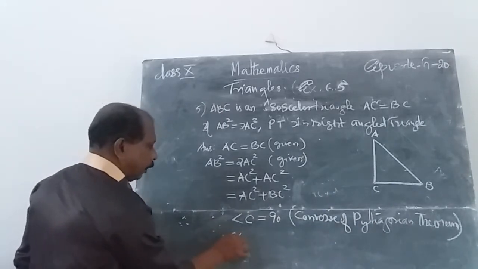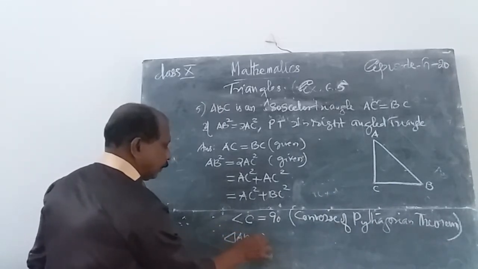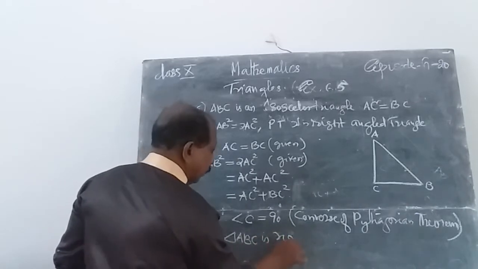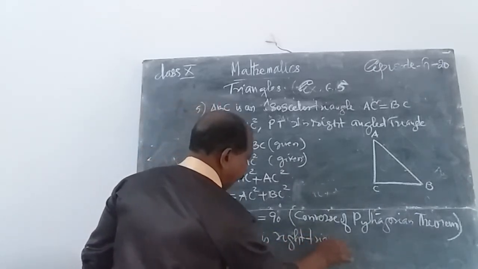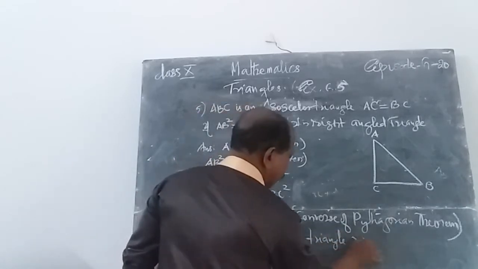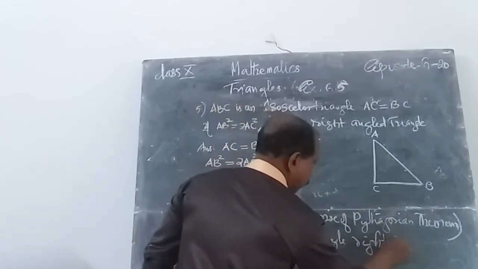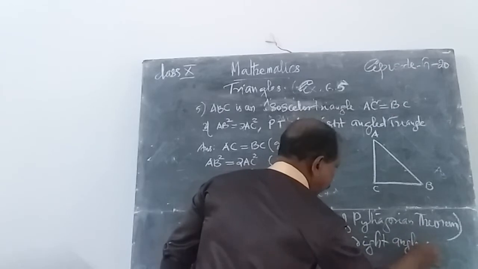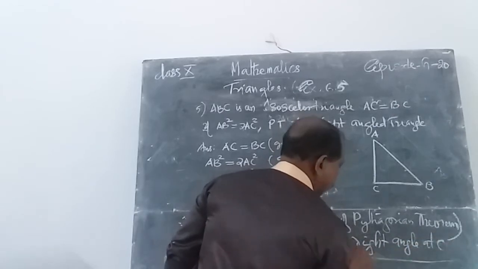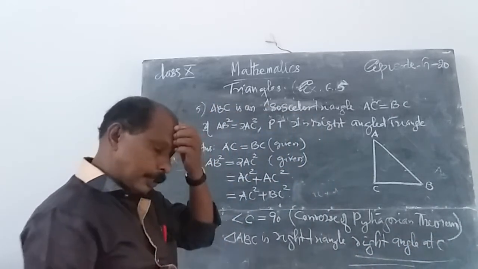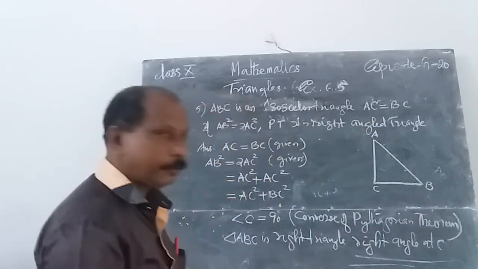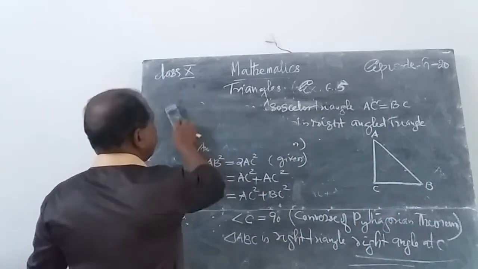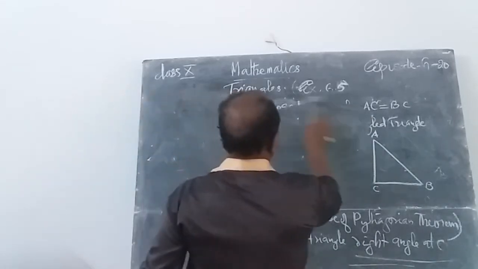Therefore, triangle ABC is a right triangle, right angle at C, that is the final answer. This is the converse of the previous question. Then the next question.